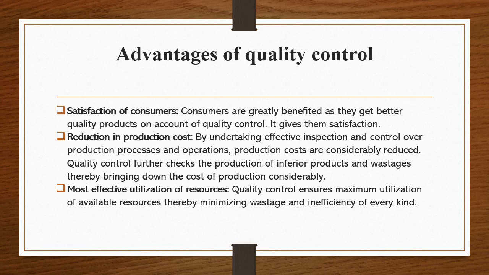So, and then quality control further checks the production of inferior products and wastages, thereby bringing down the cost of production considerably. So, like we said, quality control or quality management enables the producers to know which type of commodities are worth producing.